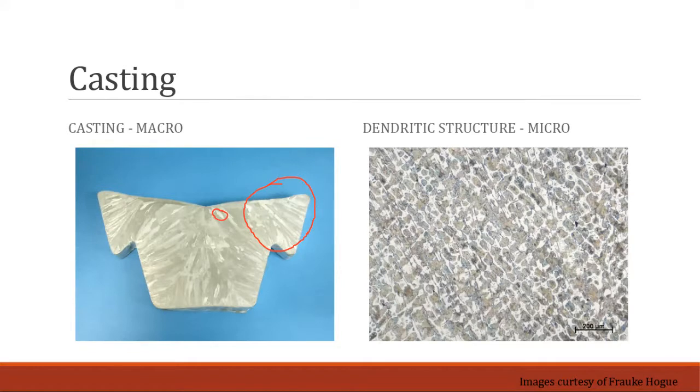But what does it look like in the middle? That's where you take an image like this. This is your micrograph of what you're seeing under the microscope, and it's a dendritic structure. You can get differences in your dendritic structure based on how quickly or slowly you cool the sample.